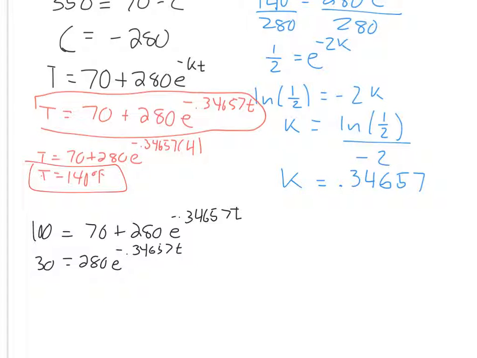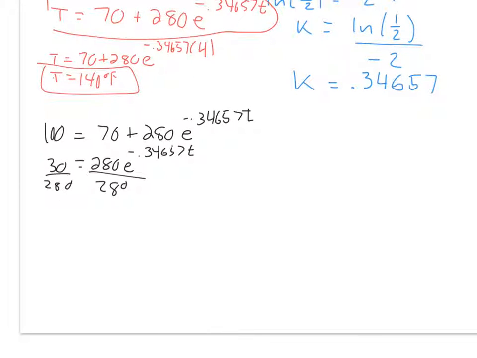And then we need to divide. I'm going to divide by 280, and I'm going to take the natural log just to save a little bit of writing. So the natural log of that fraction equals negative 0.34657t.